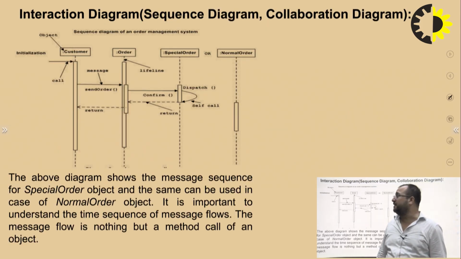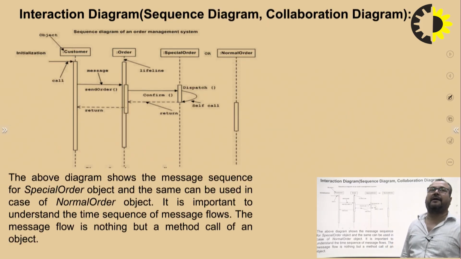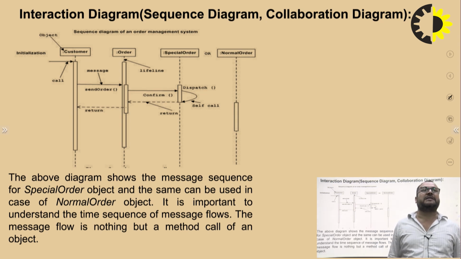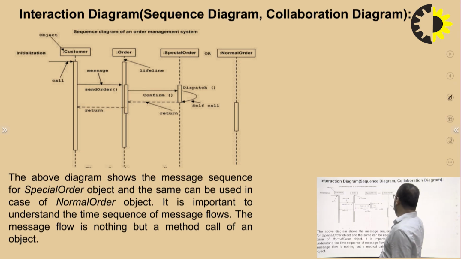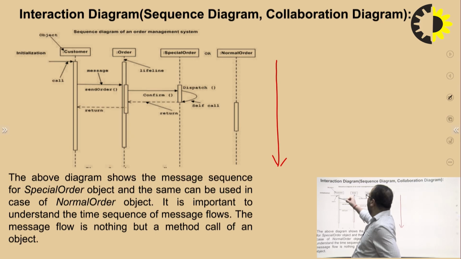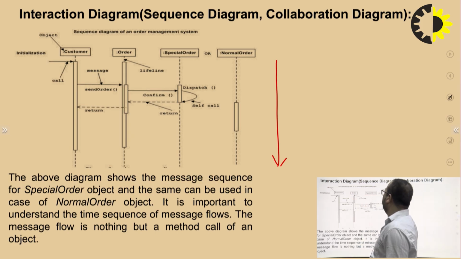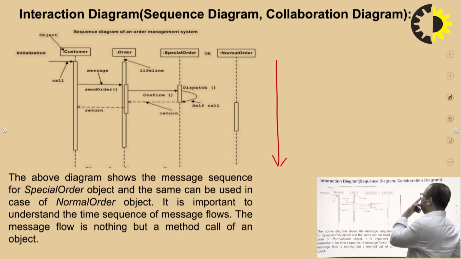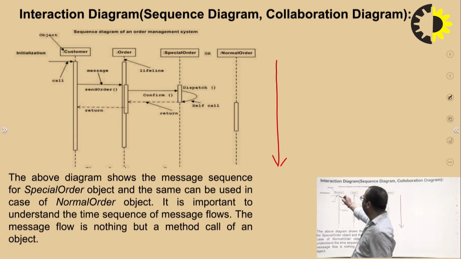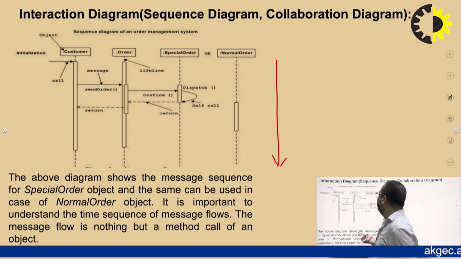Okay, and this is the interaction diagram. Basically, an interaction diagram can be a sequence or collaboration diagram. Sequence means from the initialization to the end. So this is the time reference. Suppose here the objects, the various classes, are customer, order, special order, or normal order. Let's see it starts at this point. So this is the initialization, then the functionality is send order.